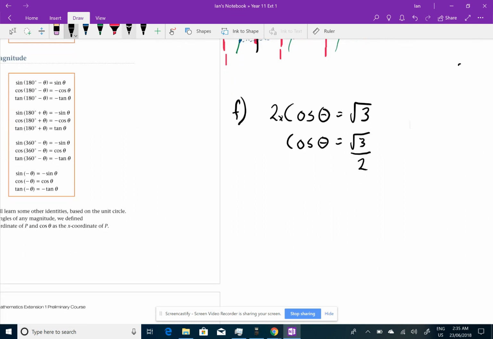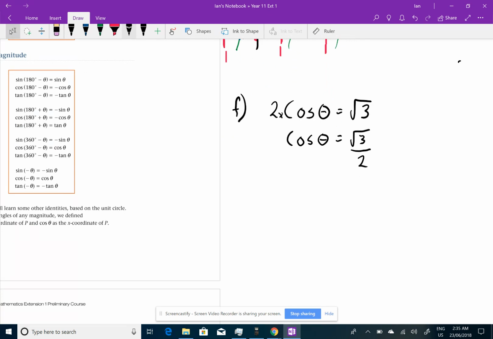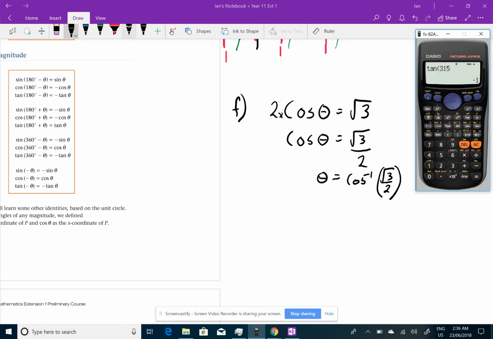Now, I can shift cos that, and I will, find the inverse cos of root 3 on 2. I go to my calculator, shift cos root 3 divided by 2. 30 degrees.